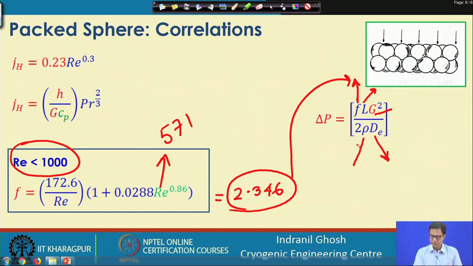The density: since the nitrogen is flowing at an average temperature of 200 Kelvin and 2 atmospheric pressure, the density of the gas is also known, and this density equals 3.428 kg per meter cube.